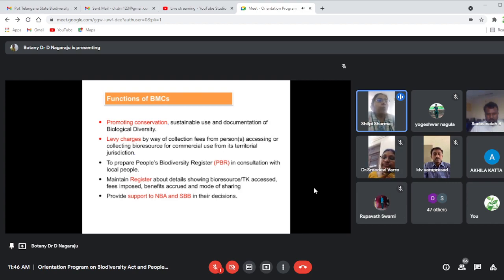The functions of a BMC are to promote, conserve, and document biological diversity. Here comes the PBR role: to prepare a PBR in consultation with the local people. Who are the Biodiversity Management Committees?